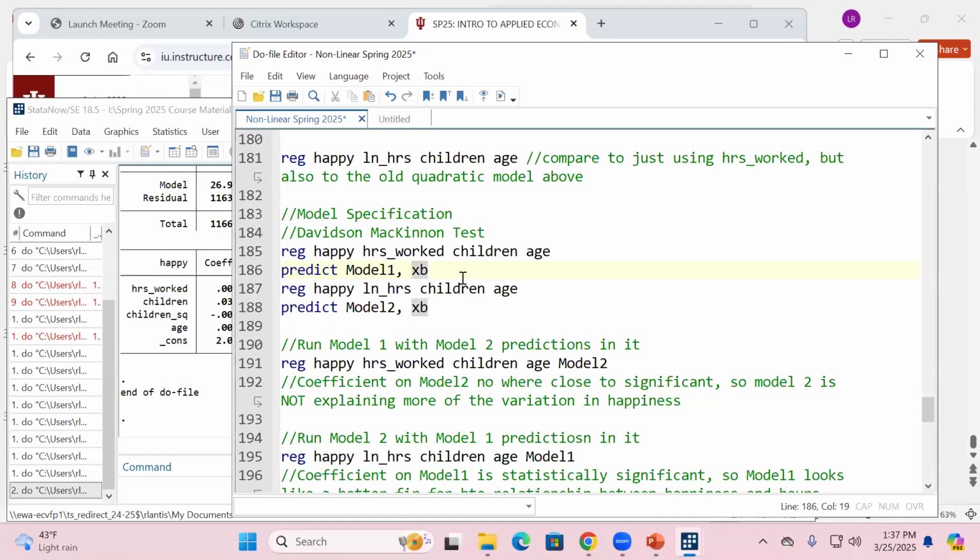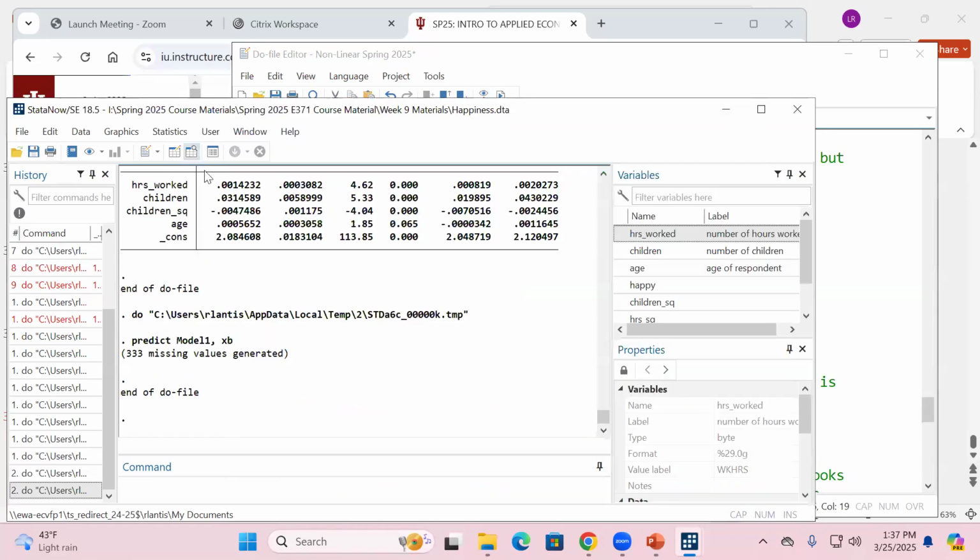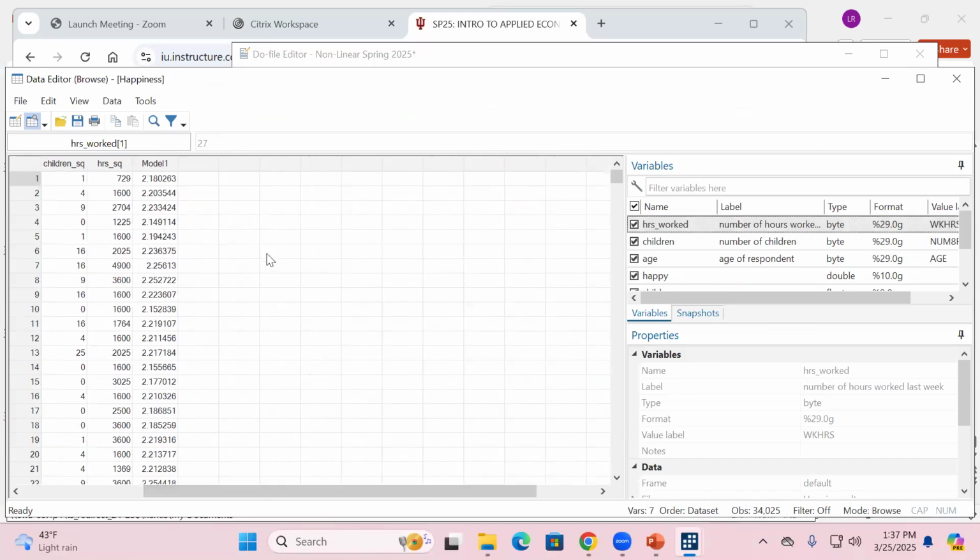Just to refresh, when I use this predict command, it's going to predict my Y variable using all of the X variables in that regression. It's going to take the coefficients, multiply them by the actual X values for every observation, and come up with a predicted value from this first model.